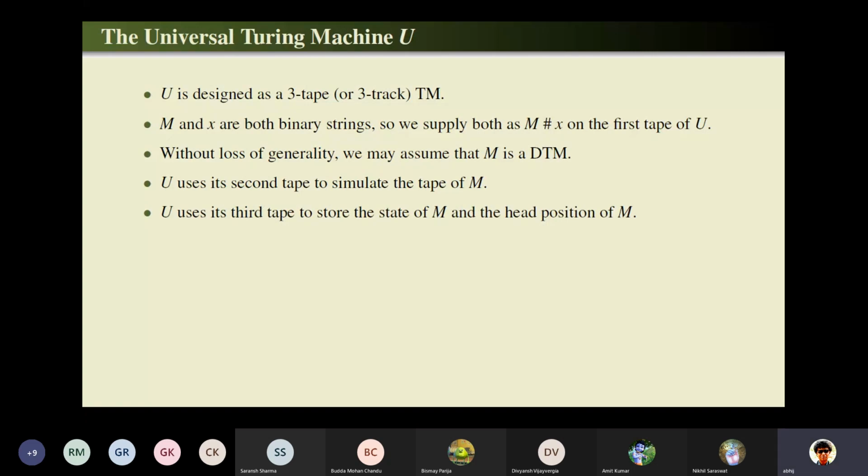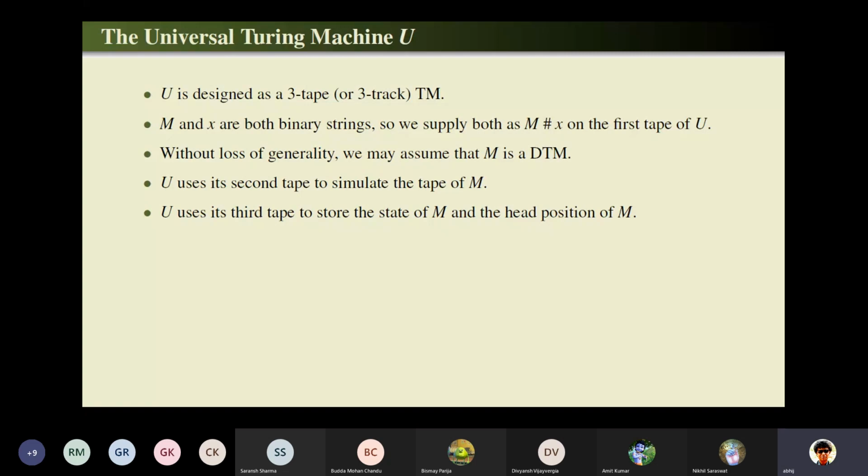An alternative possibility is that you can store the configuration of M on a single tape. The only difficulty in this case is that this is not exactly compatible with our encoding scheme, because states are numbered 0, 1, 2, 3, and so on, and symbols are also numbered 0, 1, 2, 3. So it's impossible to distinguish which is a state and which is an actual symbol from gamma.